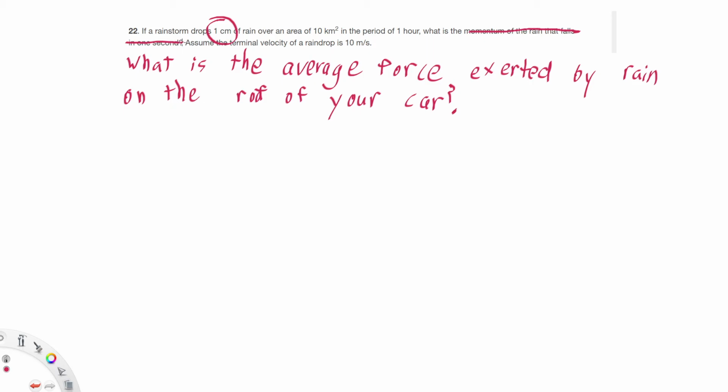If a centimeter of rain is falling in an hour, how much rain is falling per second? So 1 centimeter of rain per hour, and an hour is 3,600 seconds.